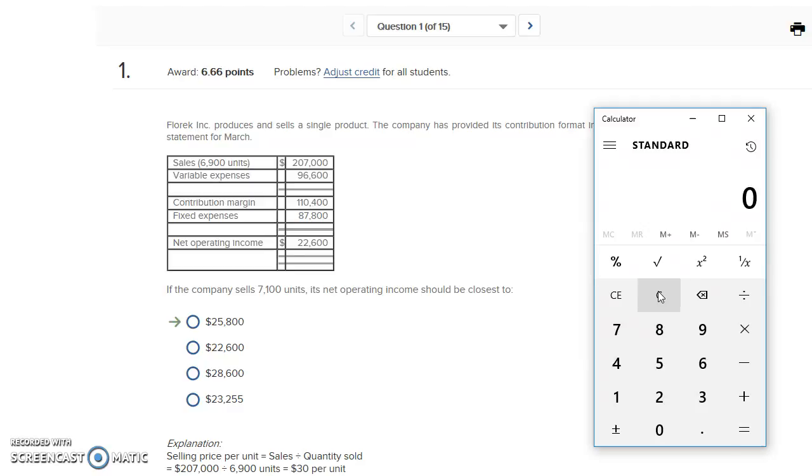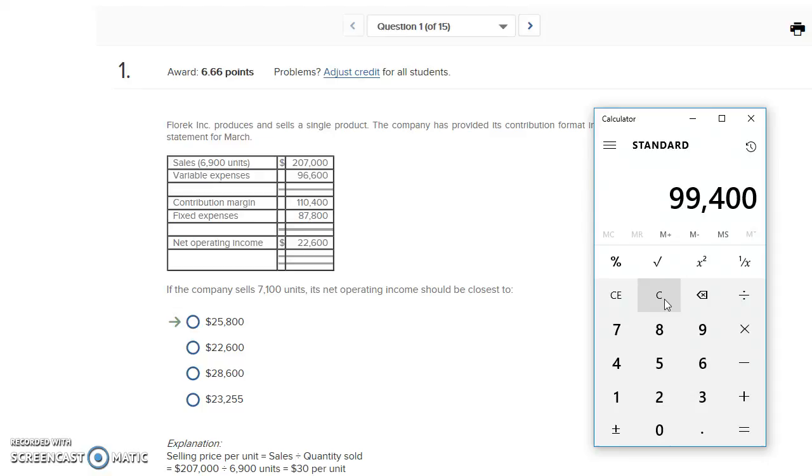So then I'm going to take that and multiply by the company sells 7,100 units. So 7,100 times 30. So my revenue, if I sold 7,100, would be 213,000. And then my contribution margin, 7,100, my expenses would be times 14, 99,400.